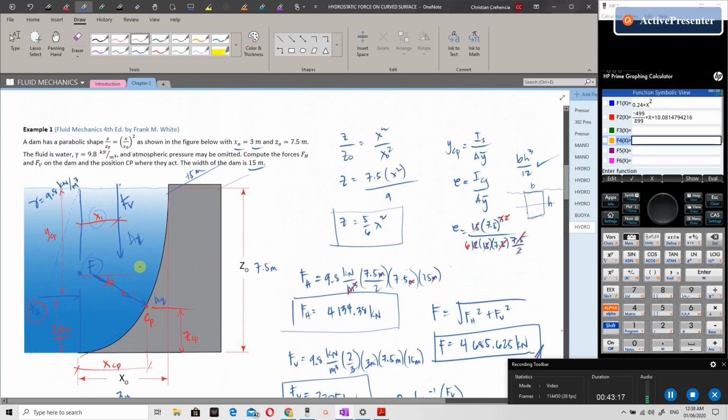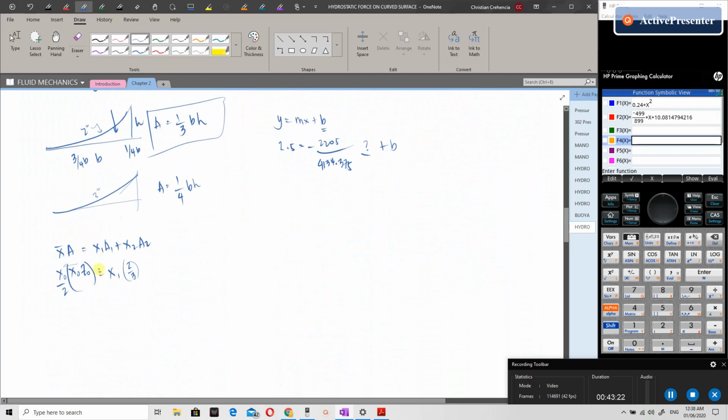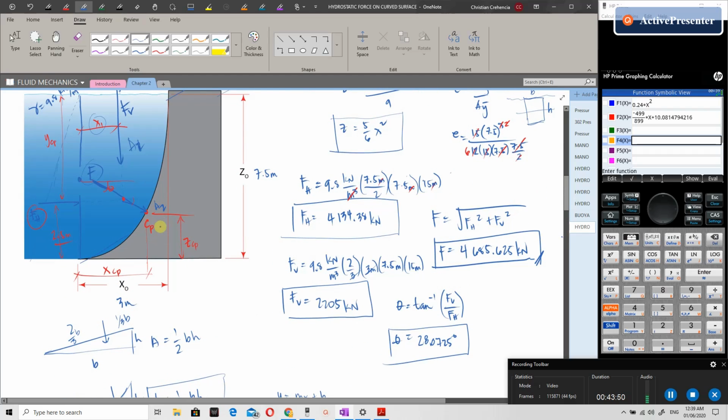So by the way, dito tayo nag-moment about this axis. Okay. So 2/3 ng base natin is x sub o, z sub o. Base times height. Okay. Plus, ang x2, a2 natin, ito na nga second degree. So this is 3/4 nung base. Okay. So 1/4 to, then 3/4 to. Okay.